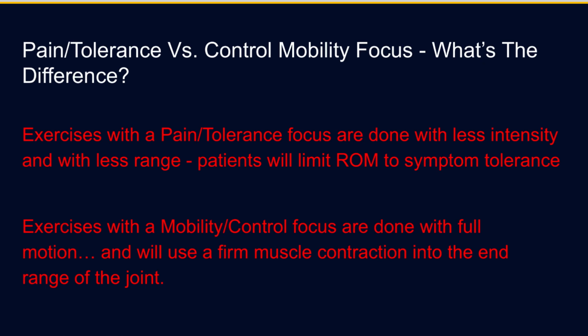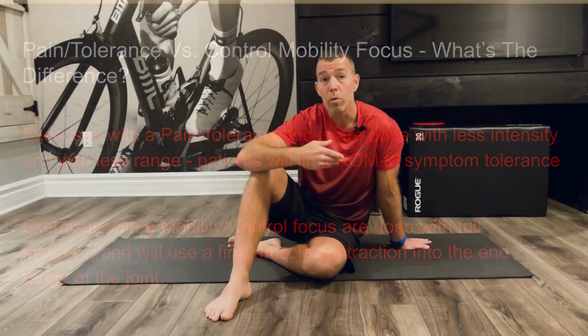Here the goal is to push into the end range, which will not only act to improve mobility, but it also increases muscle tension and challenges muscle control. We are essentially using the end range resistance to push against, to create a firmer, harder, more intense muscle contraction in these end range postures.